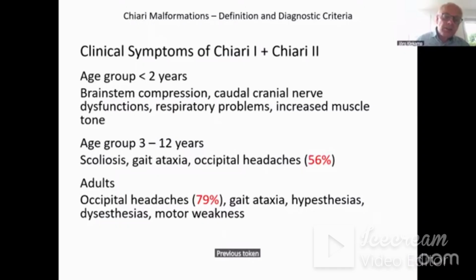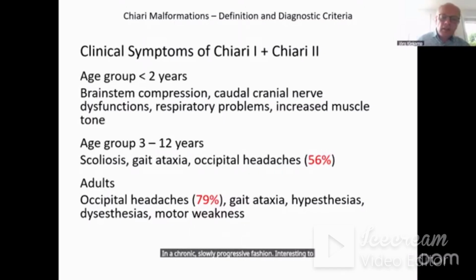So once the patient has reached the age of 3 and the cerebellum has outgrown, the symptoms of a Chiari malformation are not as dramatic and are more in a chronic, slowly progressive fashion.